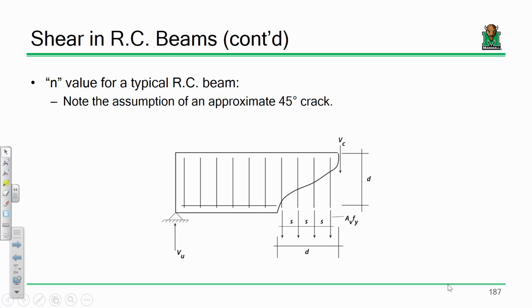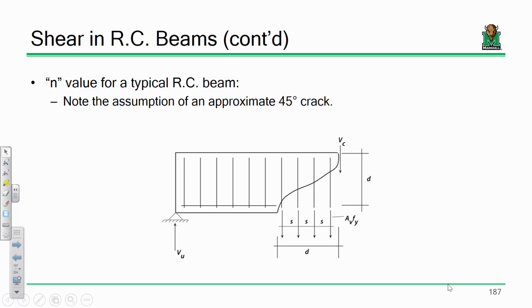The idea is this term d over s tells us how many stirrups cross a given cracked region. Let's say that this spacing right here, s, is 6 inches, okay? If it is 6 inches, I could assume that across a crack that's 24 inches wide, I'm probably going to have 1, 2, 3, 4 stirrups cross that crack.